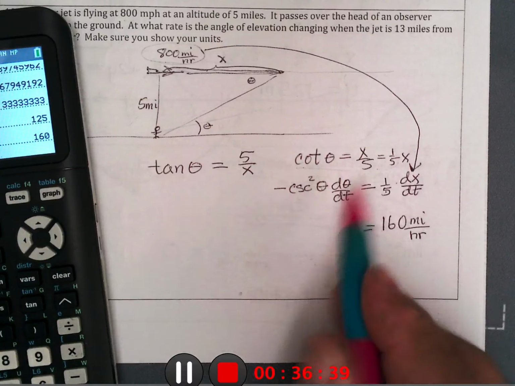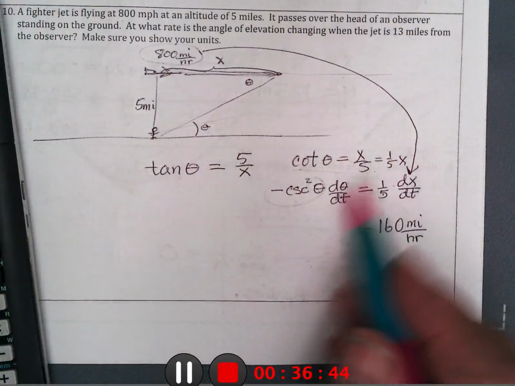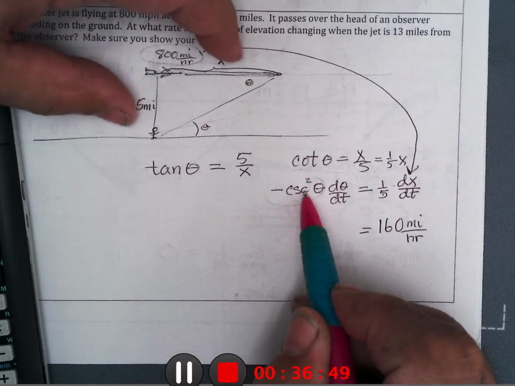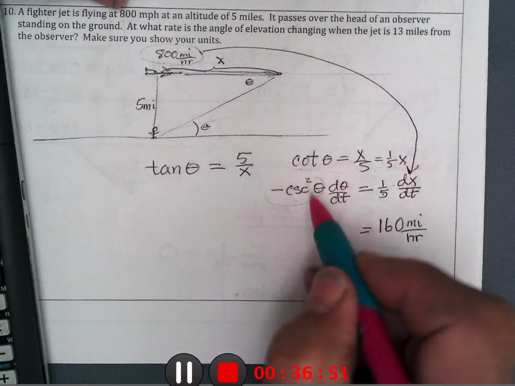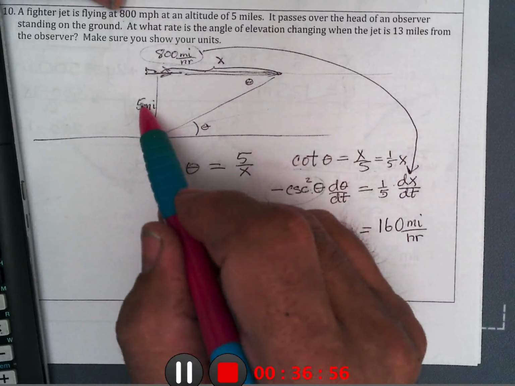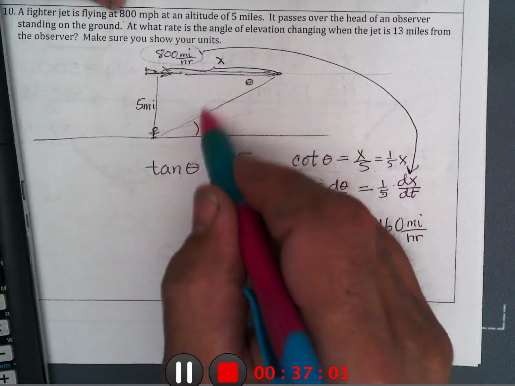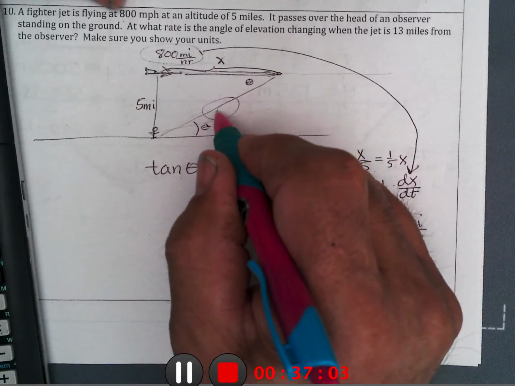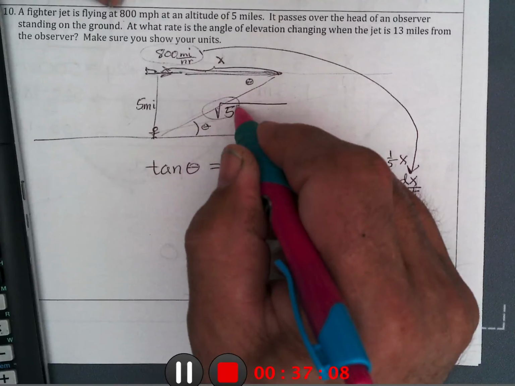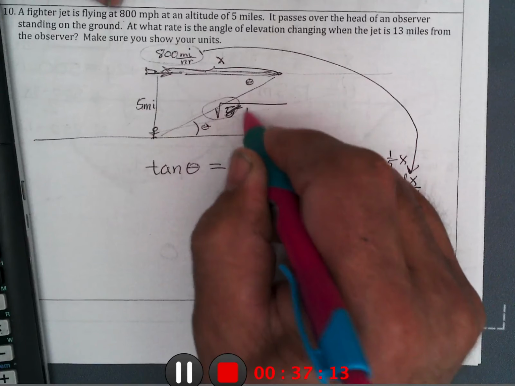And this cosecant of theta, I'm going to look at this triangle and figure out what the cosecant of theta is. The cosecant is 1 over the sine. The sine would be 5 over this side, and this side will be the square root of 5 squared plus x squared.